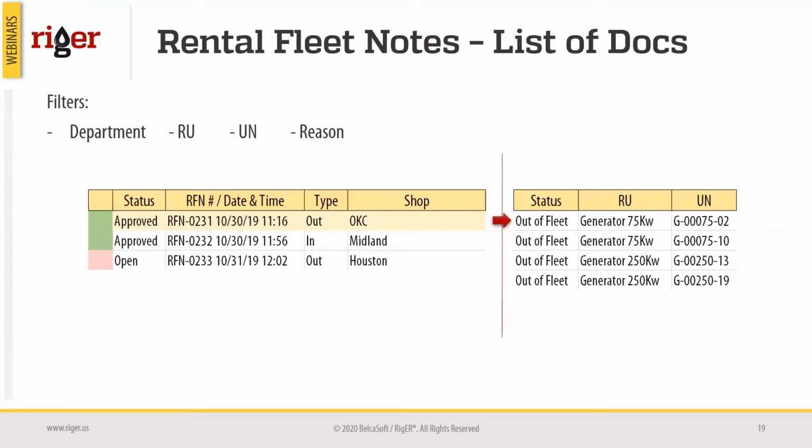The list of rental fleet notes looks pretty much the same as we use for reservation and backups. The difference is that it's a slightly different document, and this document has to be approved by the operation manager.